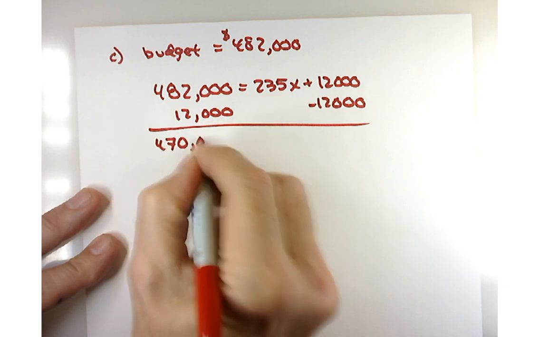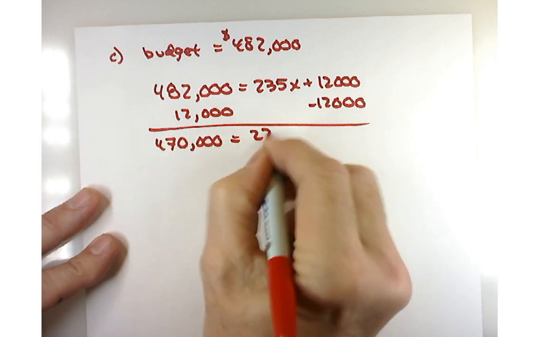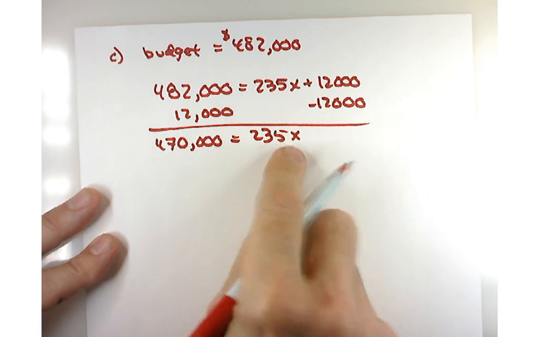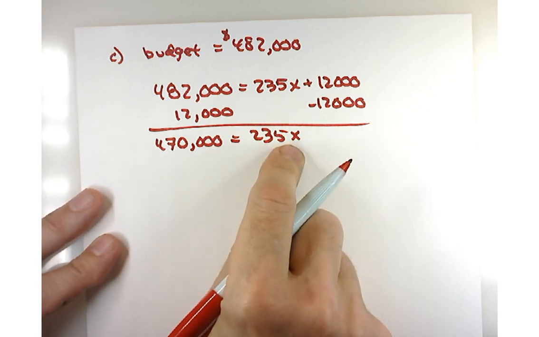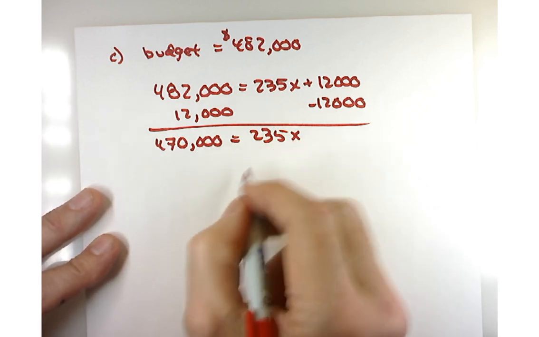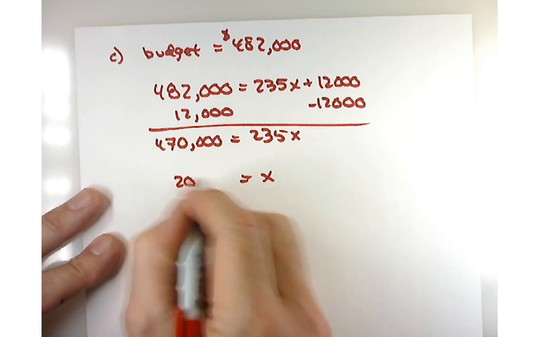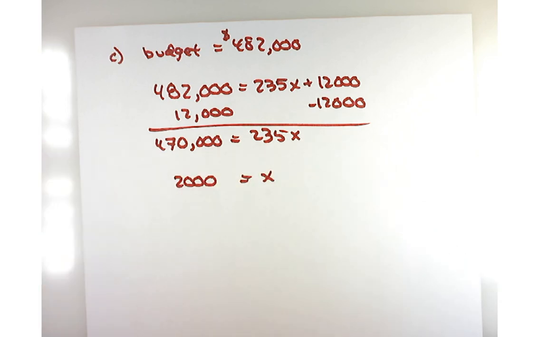Now we're left with 470,000 equals 235X. To finish solving, divide by 235, and you get a little bit more modest house of 2,000 square feet. So kind of working things backwards there. Nice.